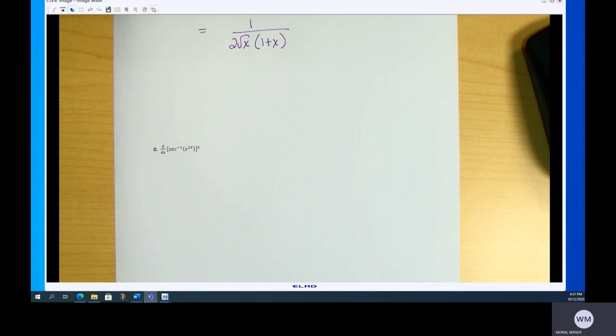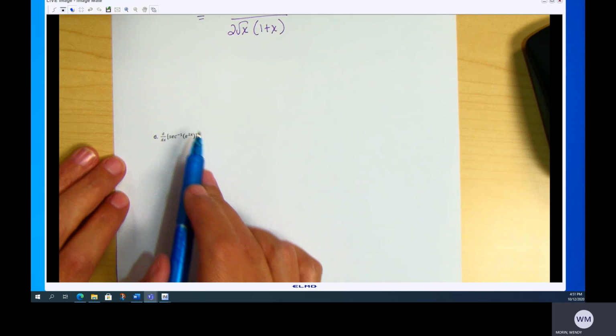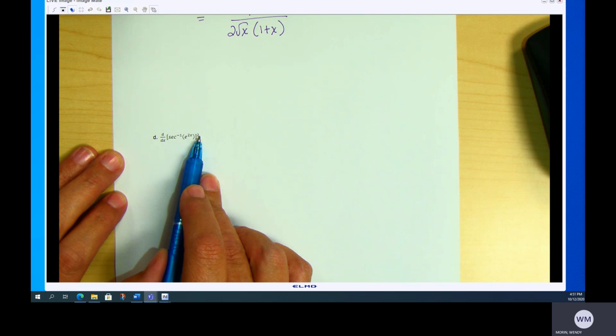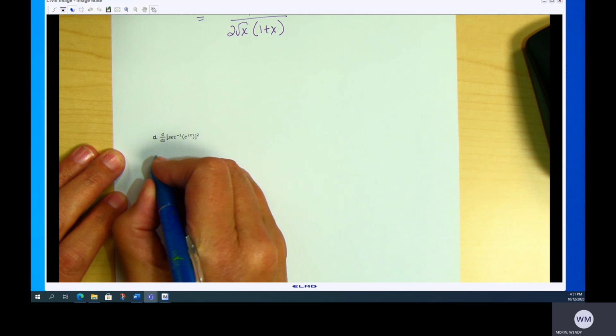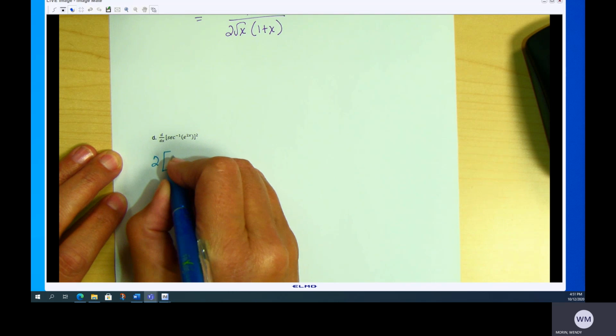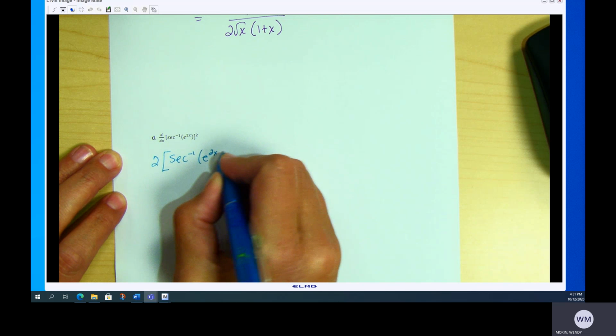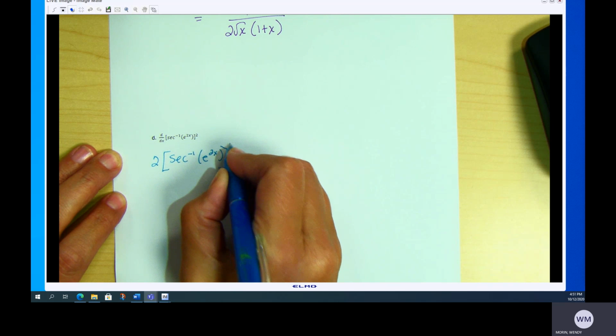All right, welcome back. Fun problem here. Okay, we're going to start with the outside. We're going to use the derivative rule, the power rule. So it's 2 times the inverse secant of e to the 2x raised to the first power.